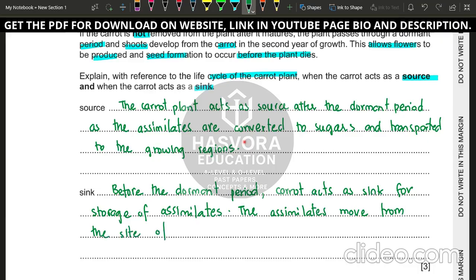The site of synthesis is your leaf in most cases in photosynthesis. So it moves from the site of synthesis and is converted to starch for storage in carrot. So it acts as a storage space.